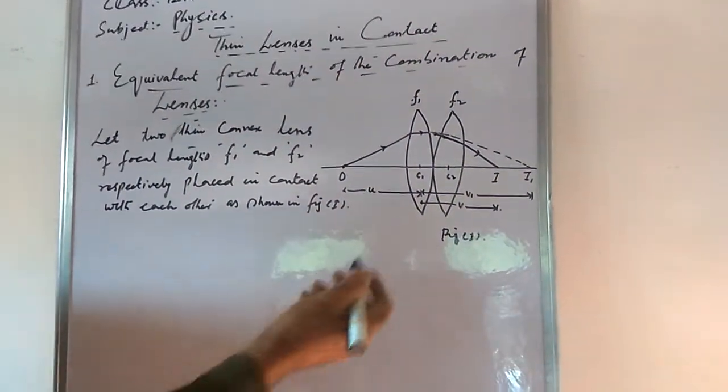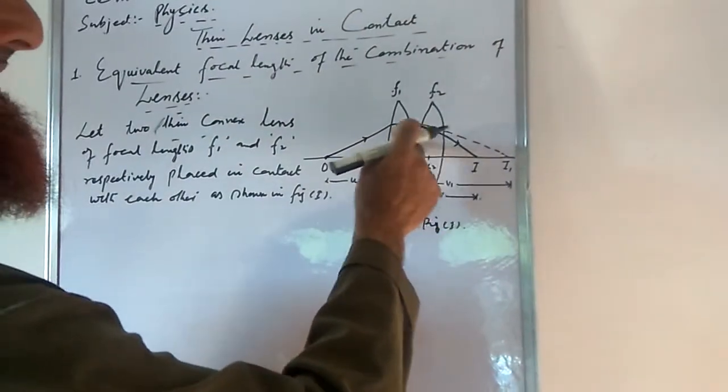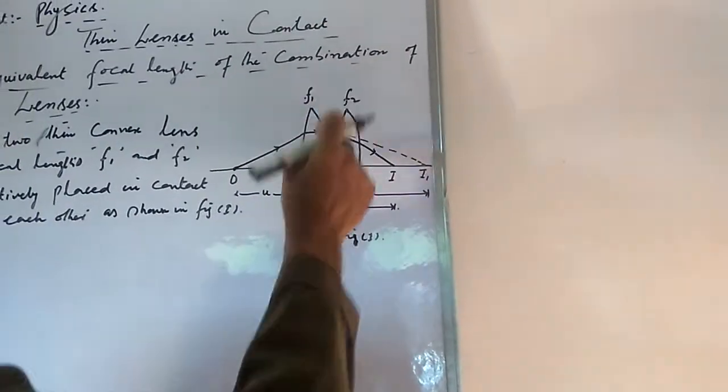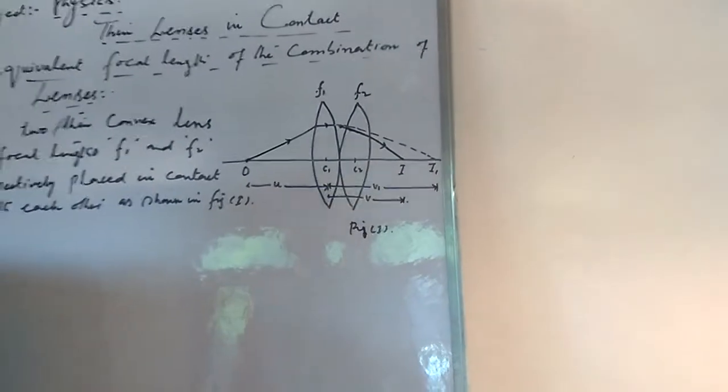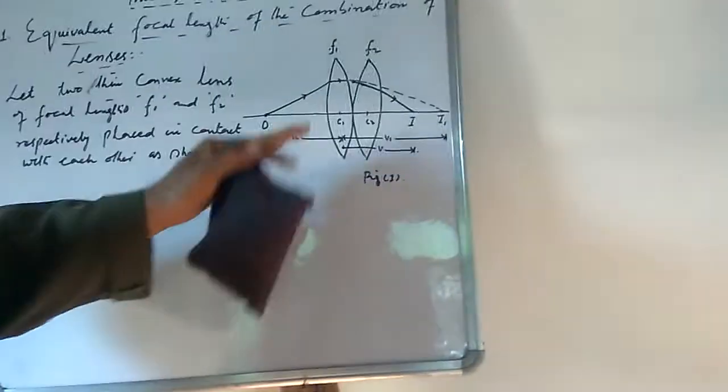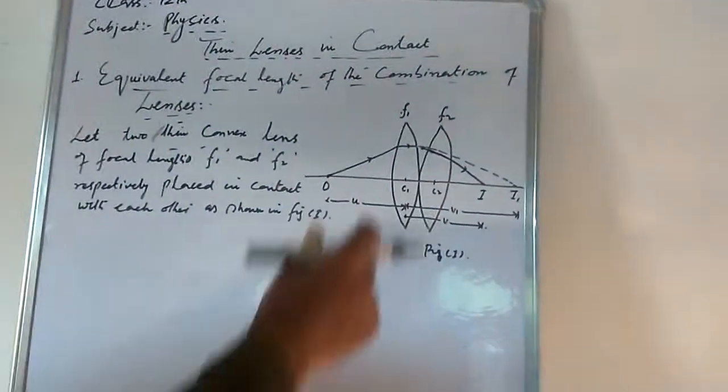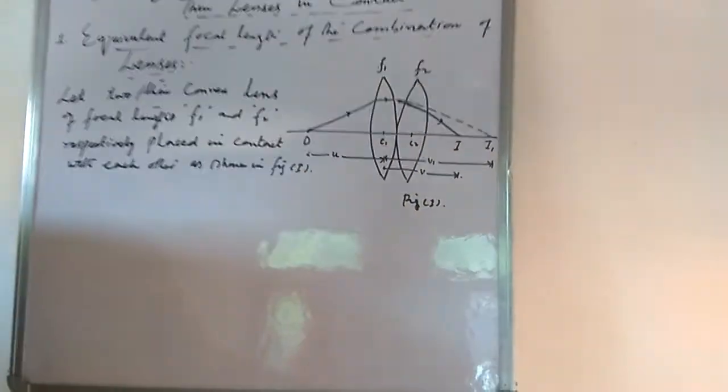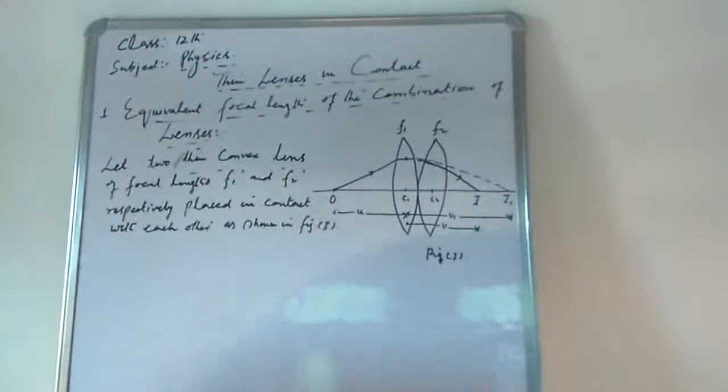Now look, dear students, consider these two convex thin lenses of focal lengths f1 and f2 placed in contact, as shown in the figure. Now we will see what the equivalent focal length of the combination of lenses will be.